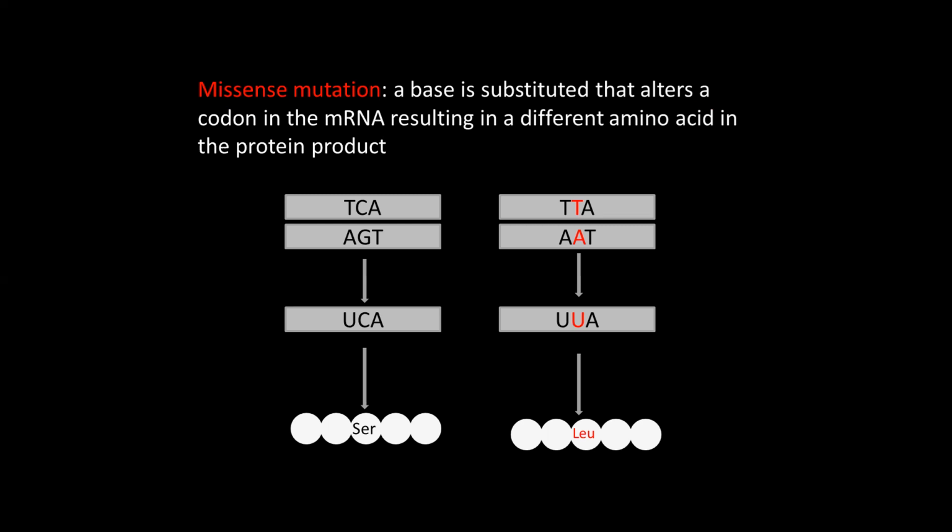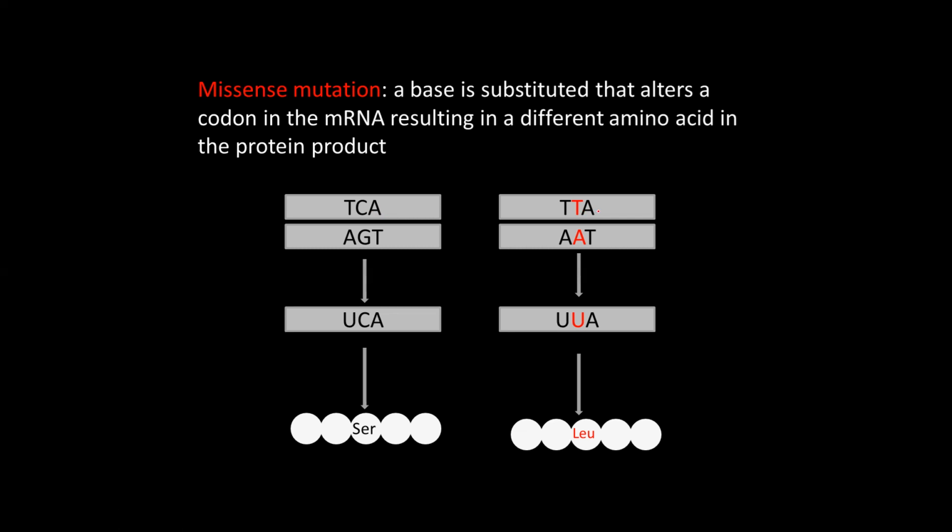So if you look at the normal protein chain and the one because of missense mutation, you will find a difference in only one amino acid. Okay. So if we take an example as shown here, a triplet, you can see TCA here, and here one of the bases, C, has been replaced by thymine.